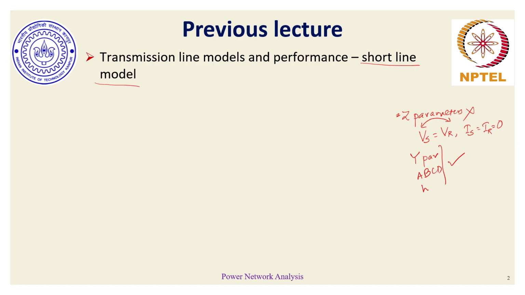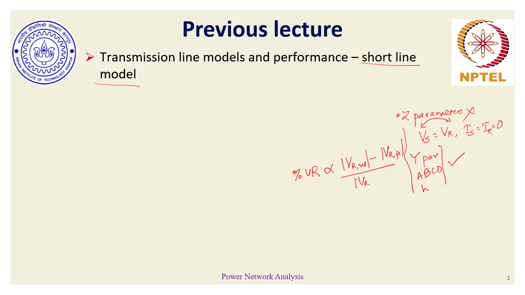In fact, for the upcoming models that we will discuss, medium line or long line, the same percentage voltage regulation notion would be true. If the percentage voltage regulation of a line has to be evaluated, this is nothing but proportional to the magnitude of the receiving end voltage at no load condition minus the receiving end voltage under full load condition, with respect to some receiving end voltage under full load or no load condition.